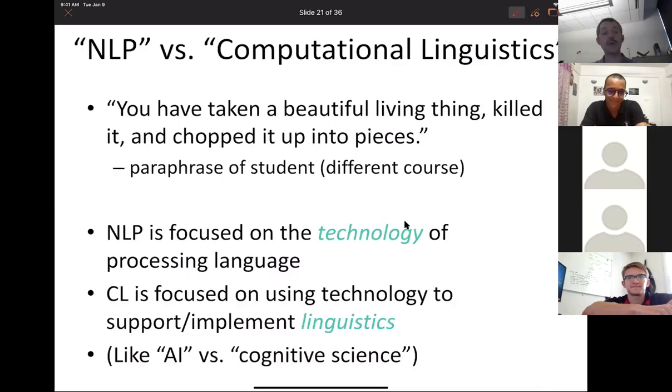NLP is focused on the technology of processing language, and computational linguistics is focused on using technology to support or to implement linguistics.